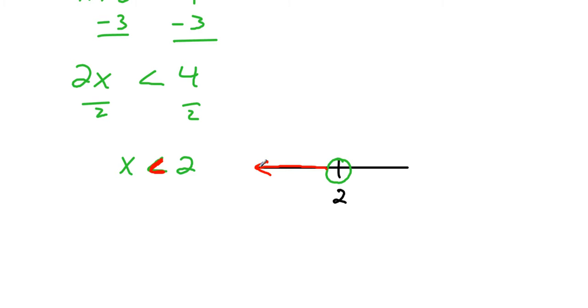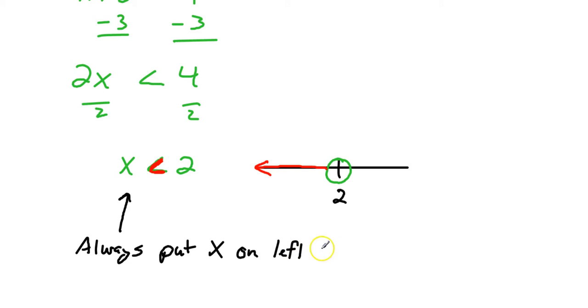Now, that works as long as you always put x on the left side. If you put x over here on the right side of your inequality, then your arrows are going opposite. So whenever you solve these, you can move stuff around, do whatever you do.